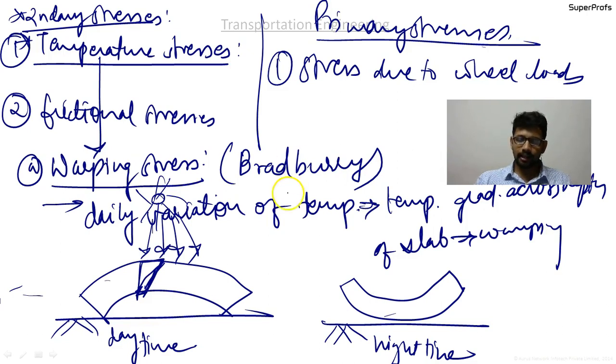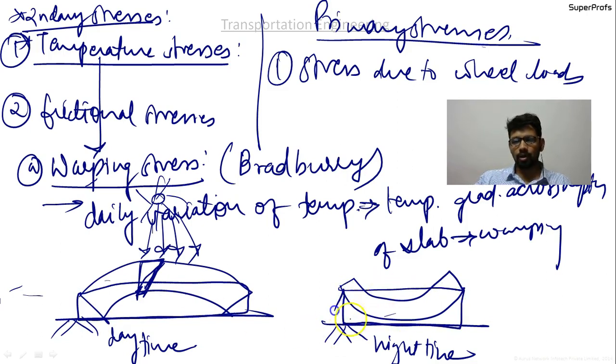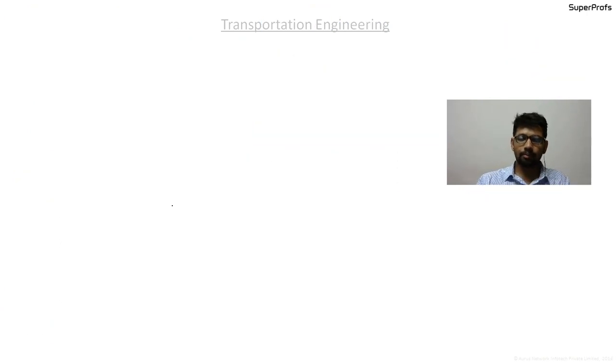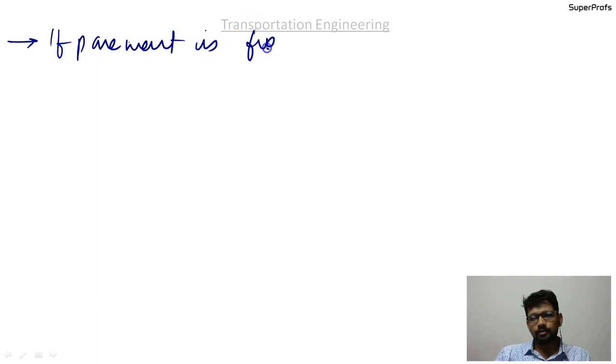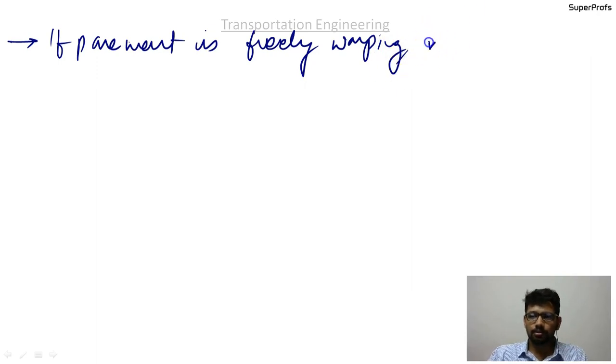The diagrams I have drawn should actually be like this: earlier the pavement was of this kind, and it has now warped in this way. So if there is no resistance to warping, or if the pavement is freely warping, please write down, no stresses are developed.